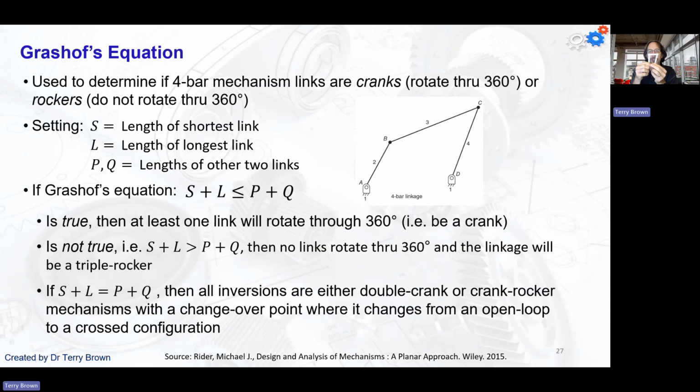If I make this short link the ground link, then that's another inversion. If I make this link the ground, then this is another inversion. That's just the mechanism terminology we use for changing where you hold, changing what link is the ground link.